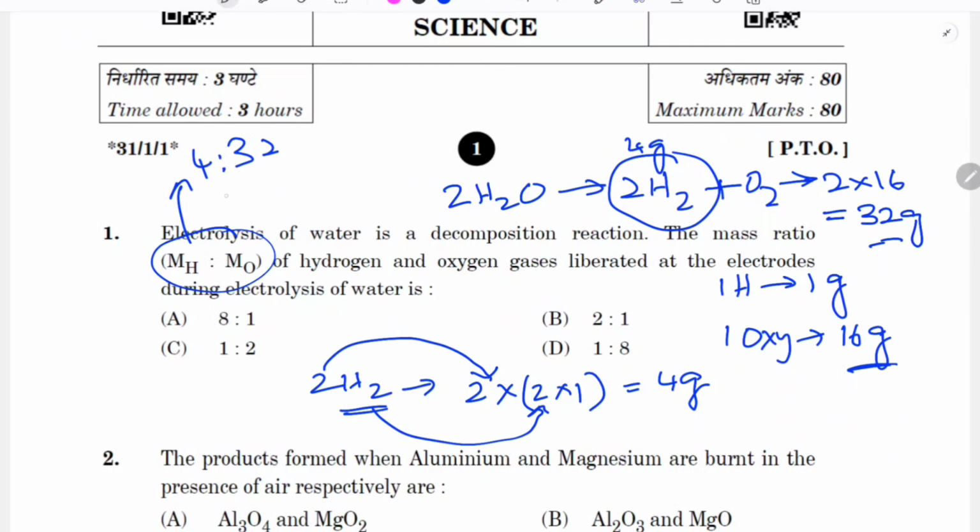That is nothing but 4 ones are 4, 4 eights are 32, so 1 is to 8. So the correct answer here is 1 is to 8. The ratio of MH to MO means 1 is to 8. If it is MO to MH, it would be 8 is to 1. So the correct answer here is this one. Hope it is clear. If you have any doubts, you can tell me in the comment section.